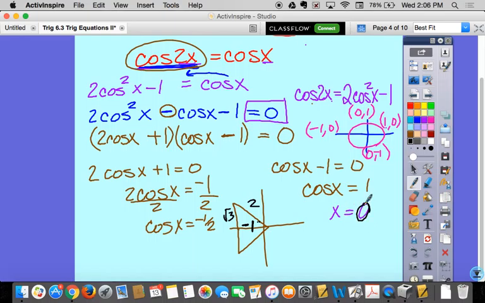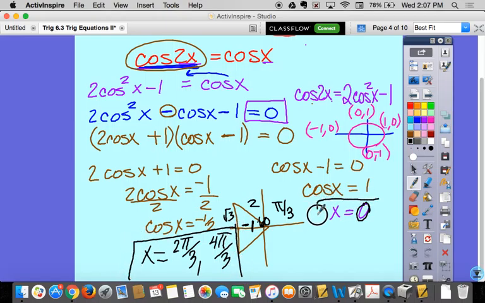If that is 60 degrees, remember that's pi over 3. So if you come back pi over 3, 3 pi over 3 minus that is 2 pi over 3. And then add pi over 3, 4 pi over 3. So we have all 3 of these answers.